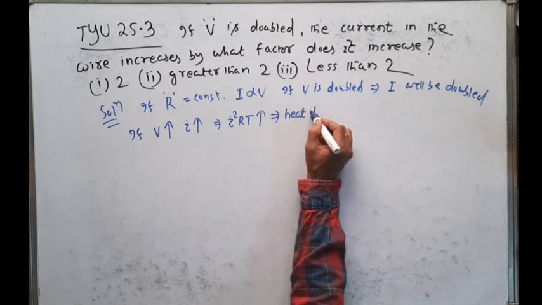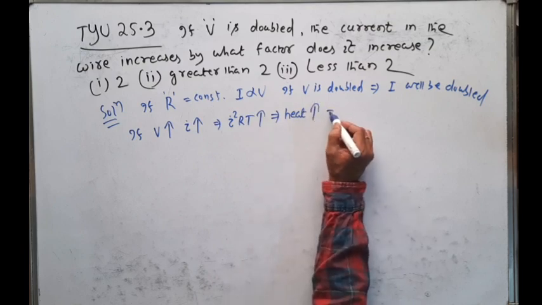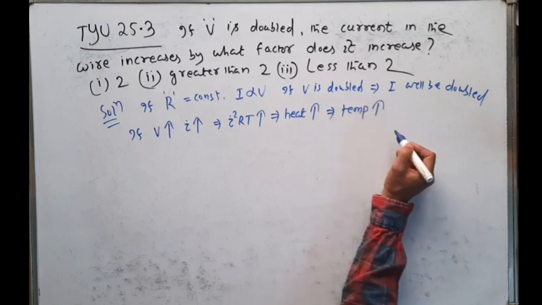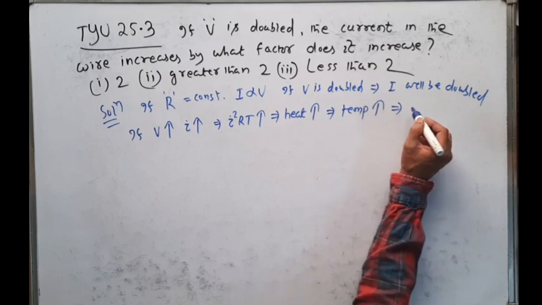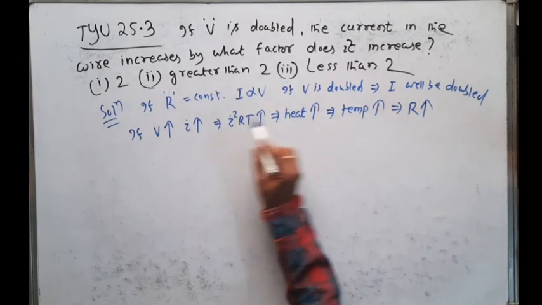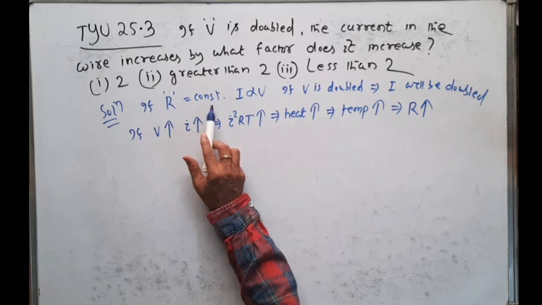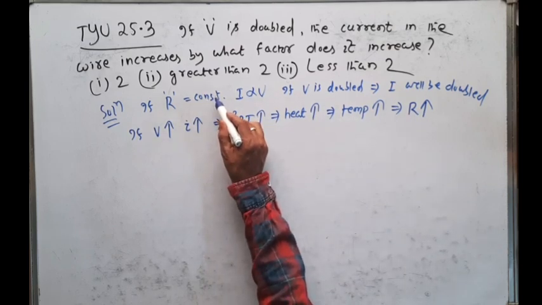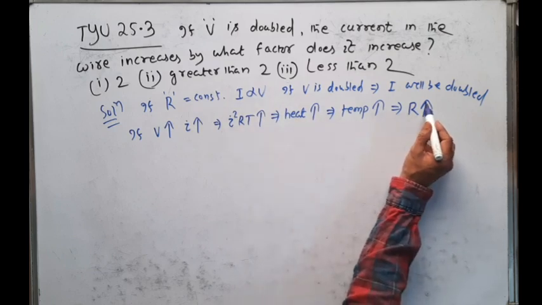So heat produced will increase. If heat produced increases, what will happen to the temperature? Temperature will increase. If temperature increases, what will happen to the resistance? Resistance will increase. So resistance will not remain constant. Whatever resistance was there, now resistance will increase.